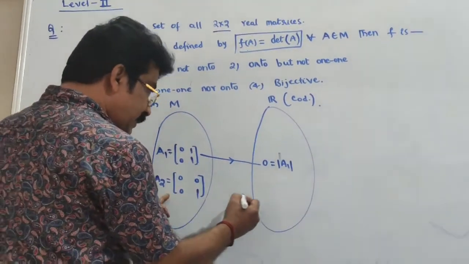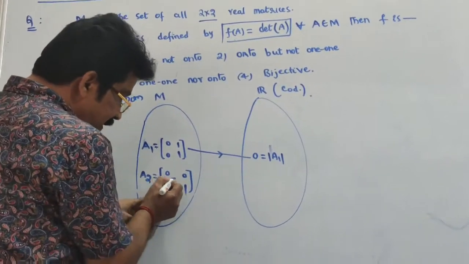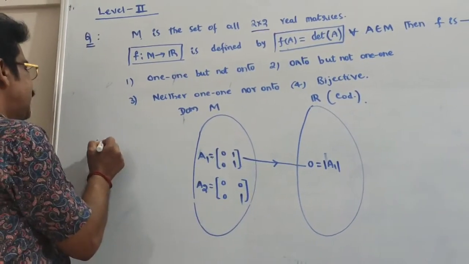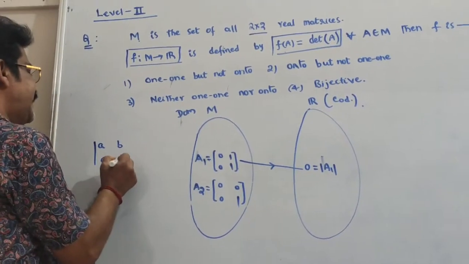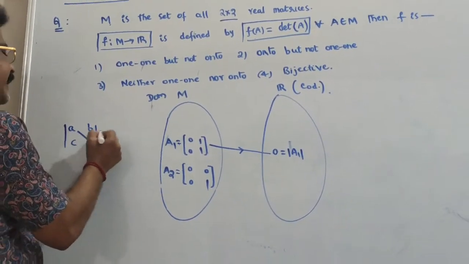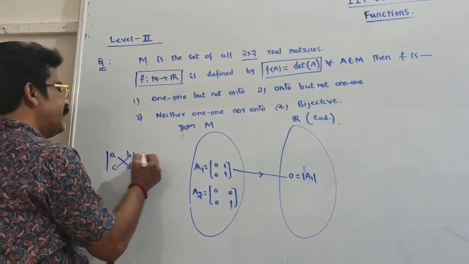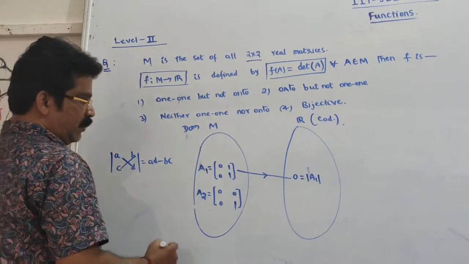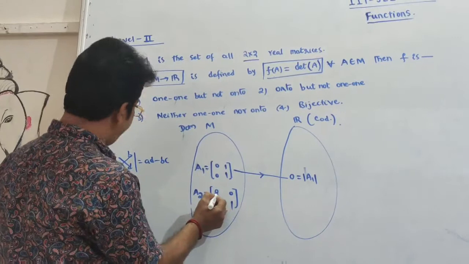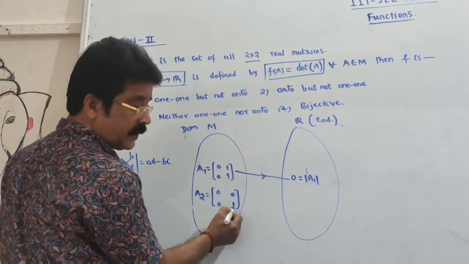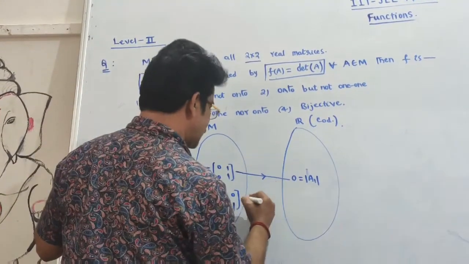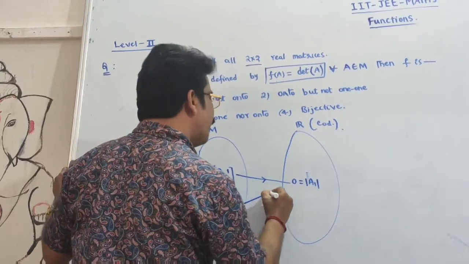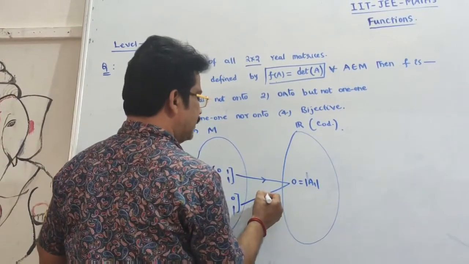What about this determinant? Already I said the determinant of A, B, C, D is equal to AD minus BC. Using that, 0 into 1 minus 0 is 0, so it is also mapped with 0.